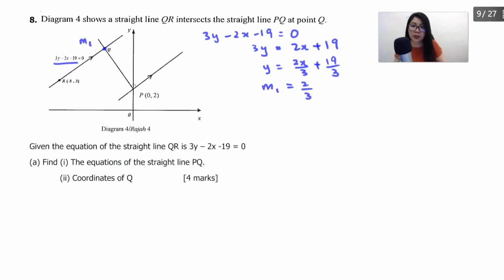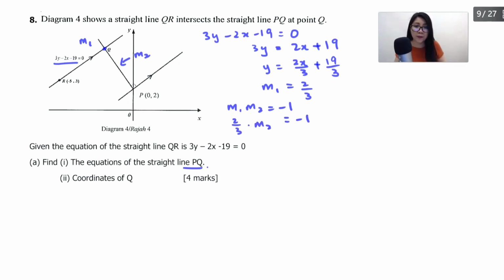To find the gradient of PQ, because they ask for the equation of the straight line PQ, let's say this is m2. I'm going to use m1 times m2 equals negative 1 to find the gradient of the normal line. So 2 over 3 times m2 equals negative 1.